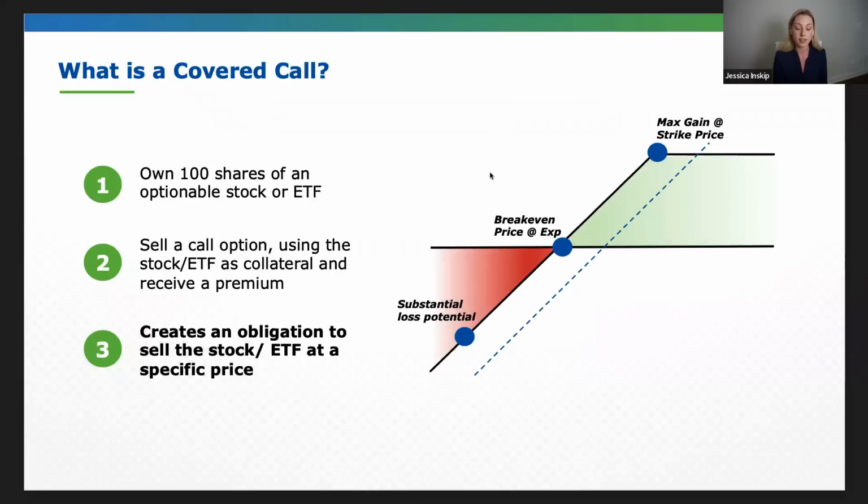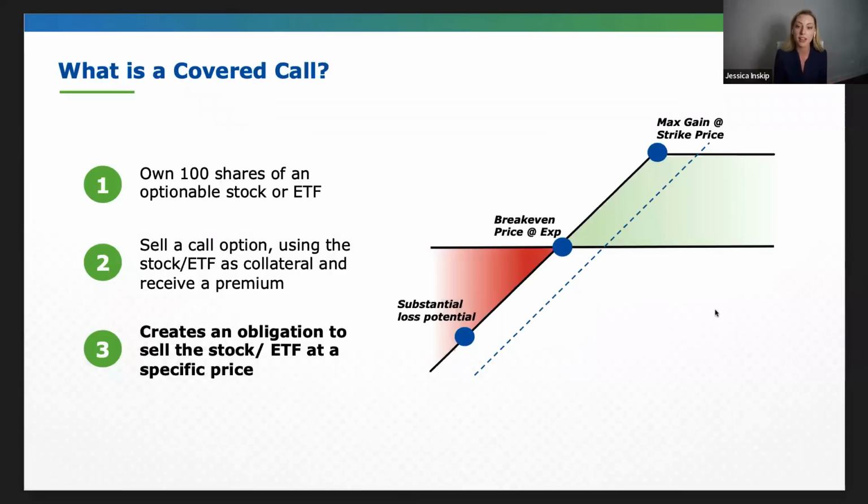You would want the stock to not go higher than your strike price, which is true here. But as the stock moves up, you actually lose and you have unlimited loss potential. Whereas if you create a covered call by adding those optionable stocks or ETFs as collateral, so you've got a price where you have purchased those securities at, now we have a predefined exit price with the covered call.